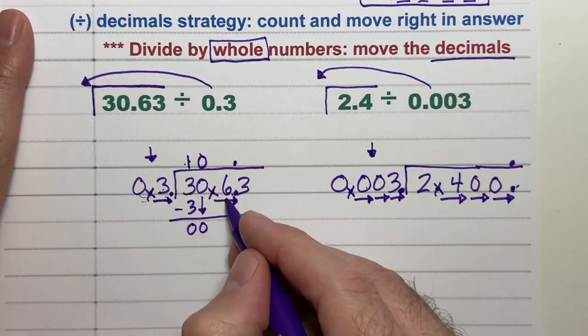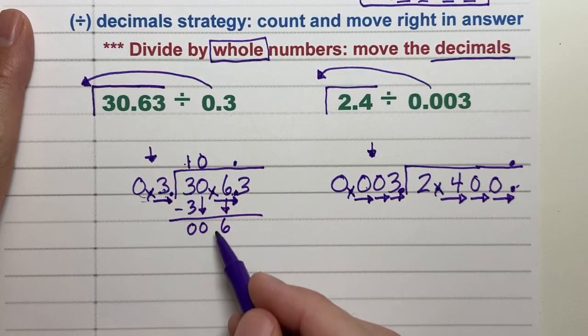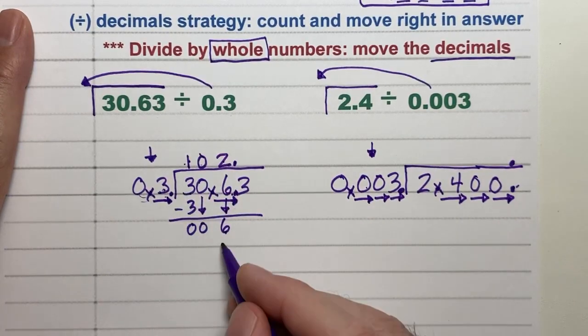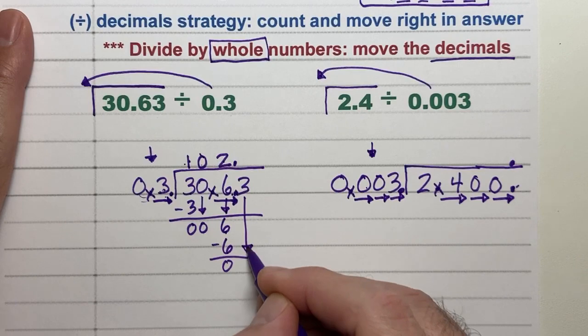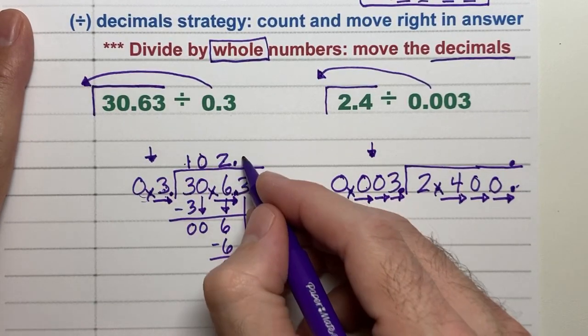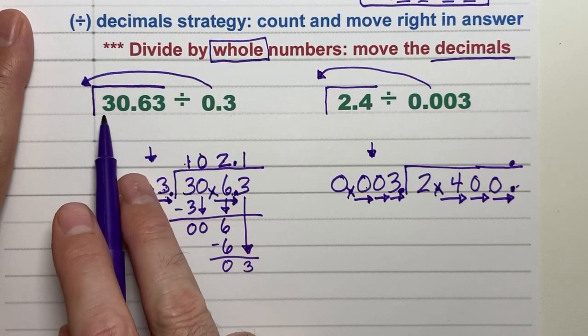So now we have no remainder. Bring our 6 down. And then 3 divides into 6 2 times. 2 times 3 is 6. There is no remainder from here. And then 3 divides into 3 one time. So this is our answer.